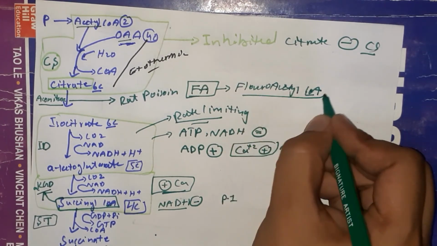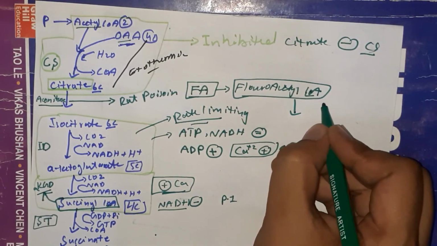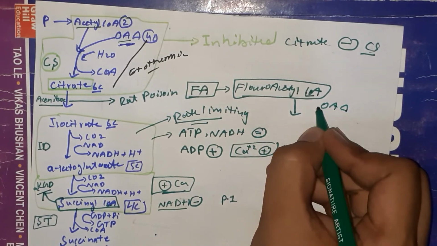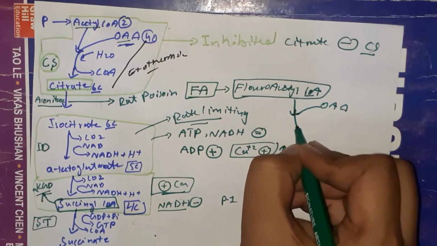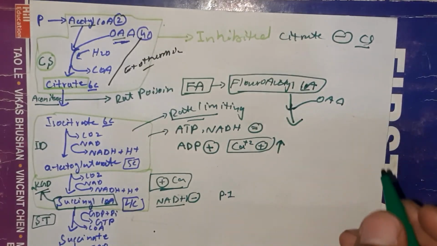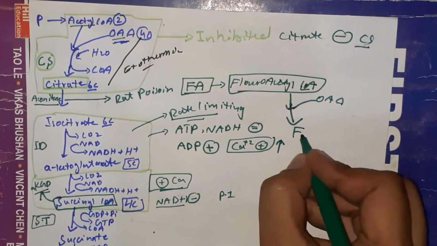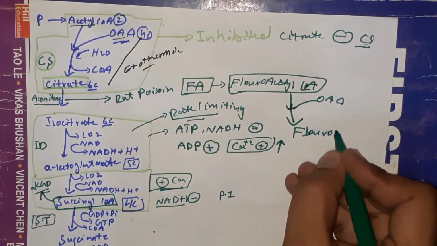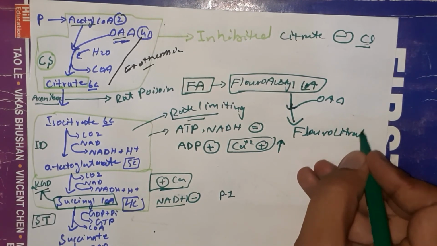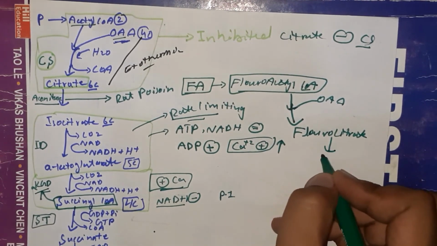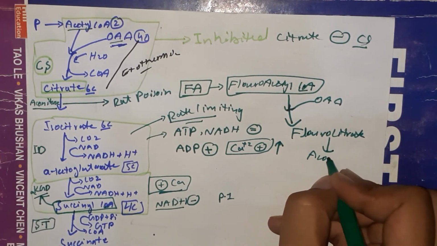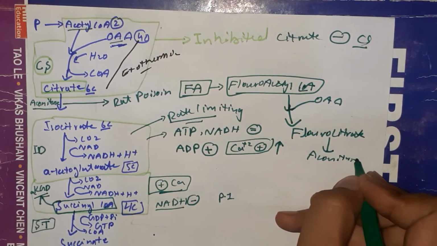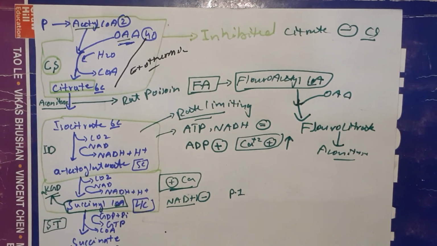After combining with oxaloacetate, it produces fluorocitrate, and this fluorocitrate is an inhibitor of aconitase enzyme. So rat poison can inhibit the aconitase enzyme.